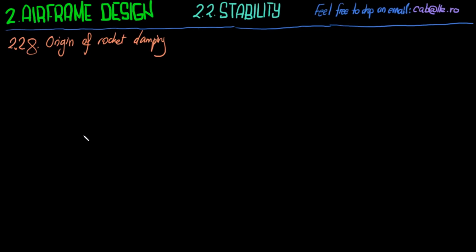I actually lied to you in the last video, so the final equation I presented to you was not quite right. So, remember we had something like this. Let's see, the CNF alpha, the aerodynamic center of the fin, center of gravity, and times alpha, and the term of the body.